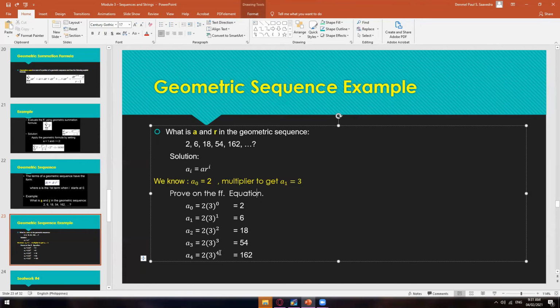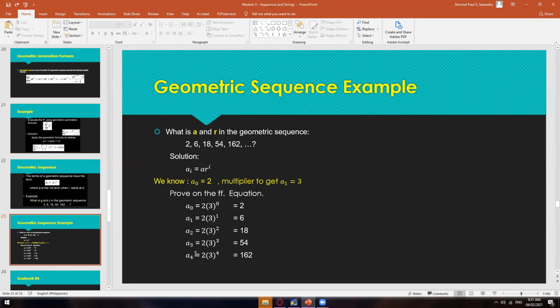Just by following this formula, 2 times 3 raised to 4 is 162. So we have proven that your A is really 2 and your R, or multiplier, is really 3. I just didn't show the terms after 162, so the first 5 terms only.